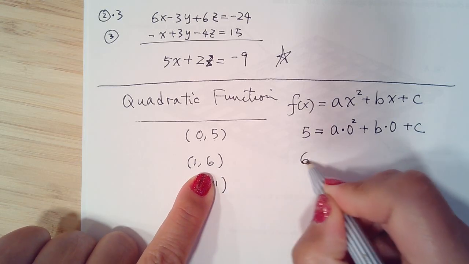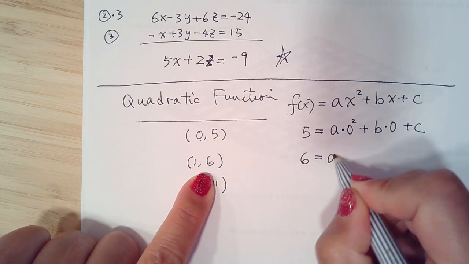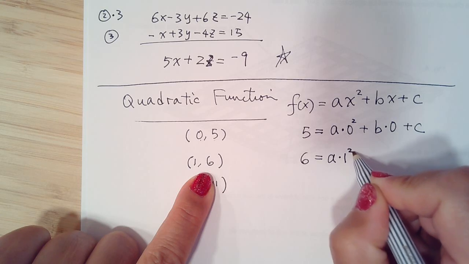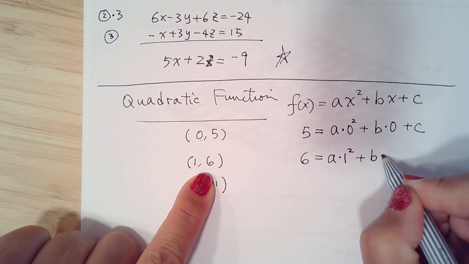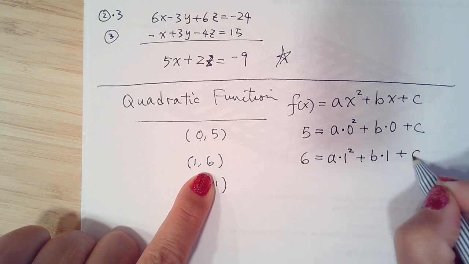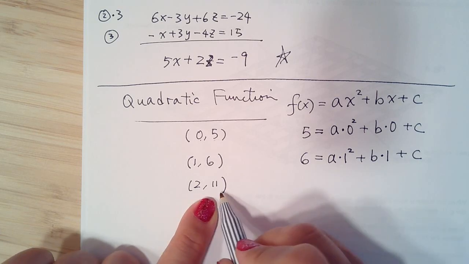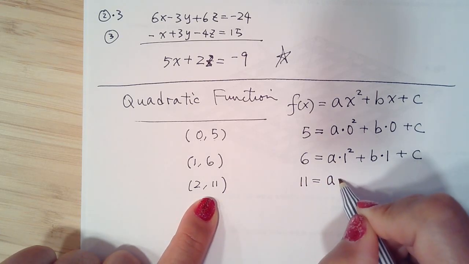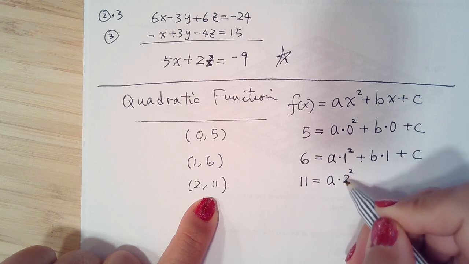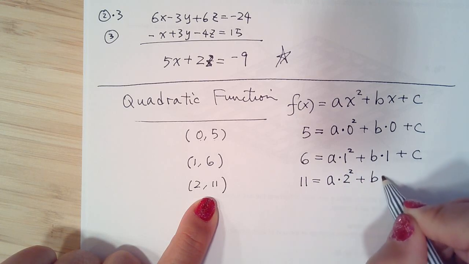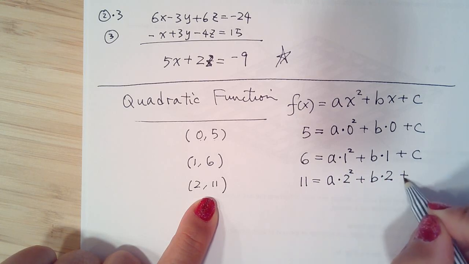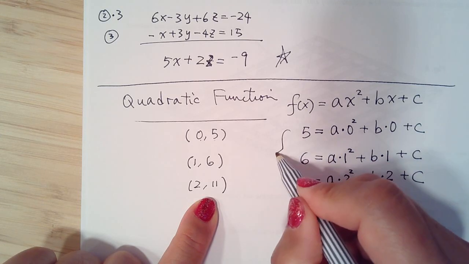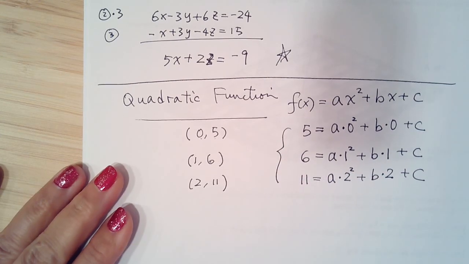So 6 equals a times 1 squared plus b times 1 plus c. And then when x equals 2, y is 11 equals a times 2 squared plus b times 2 plus c. Those are the 3 equations.